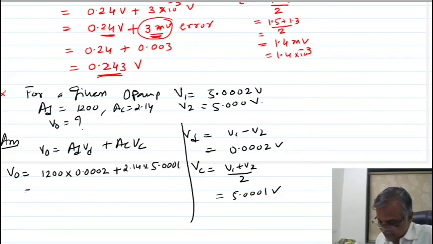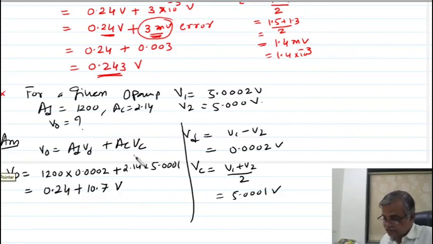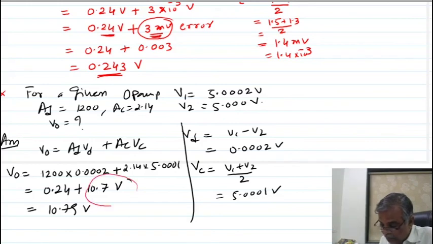5.0001. If you do this calculation, you will get 0.24, and this calculation 10.7 volt. You can see here, this is your error term. Due to the error term, you are getting an error that is too large, 10.7. Actually your output should be only 0.24, but due to the common mode signal you are getting this much error at the output.